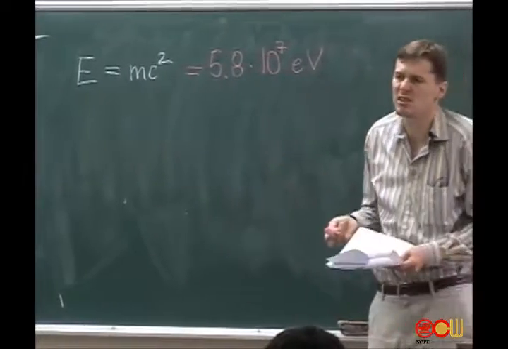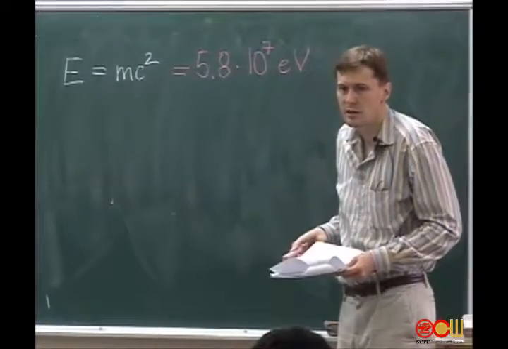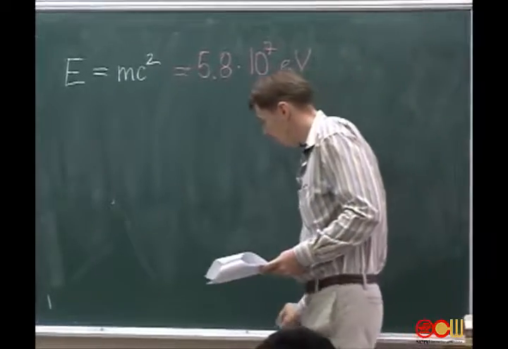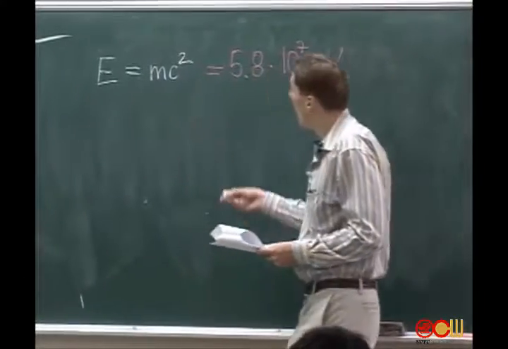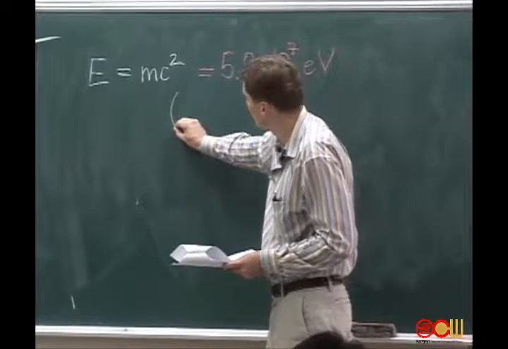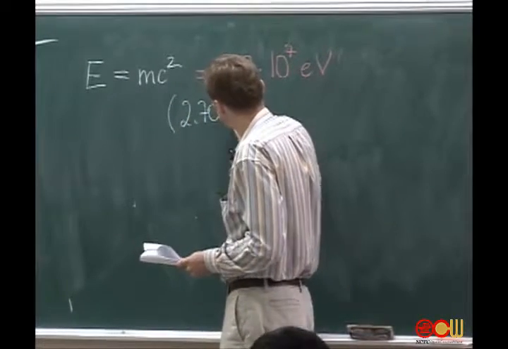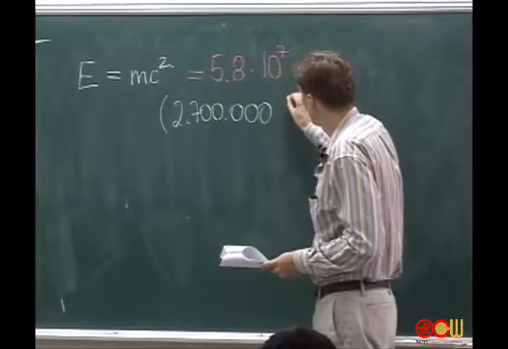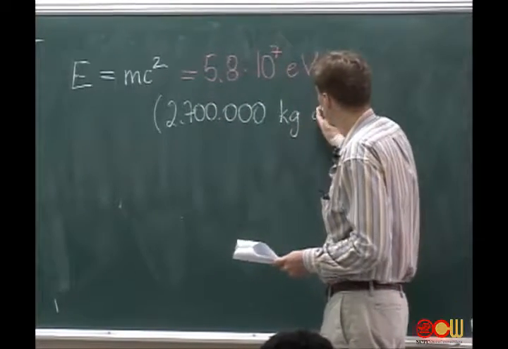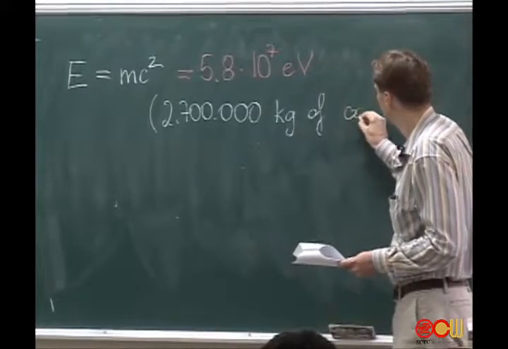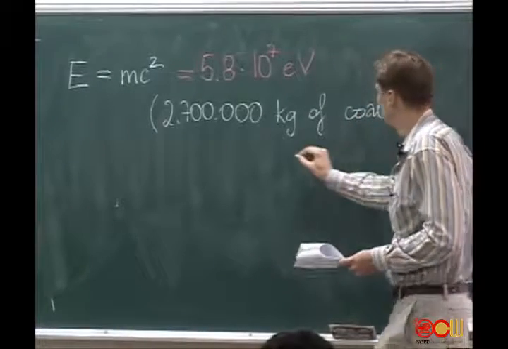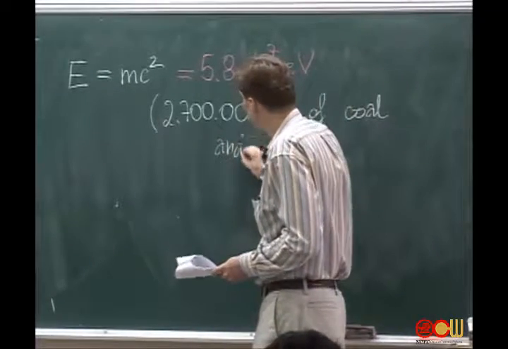I mean, this doesn't tell you anything. This is just some number. So, to understand how big energy it is, I tell you that you have to take 2,700 kilograms of coal and make a big fire.